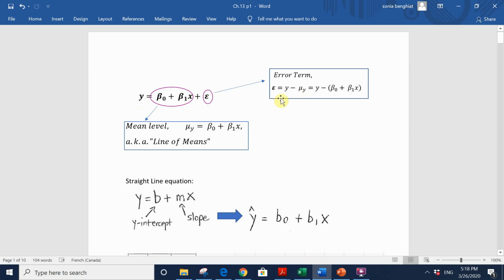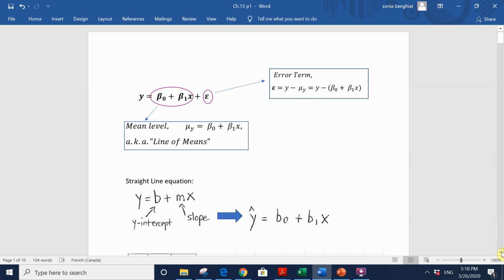Okay, that is why here we see this type of form to express an error term. We see that it is in fact the result of a deviation or a difference between an observed and a mean or expected value, if you want.